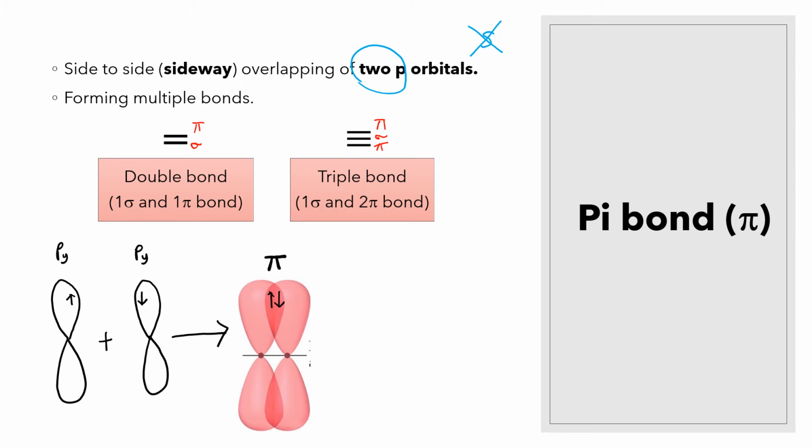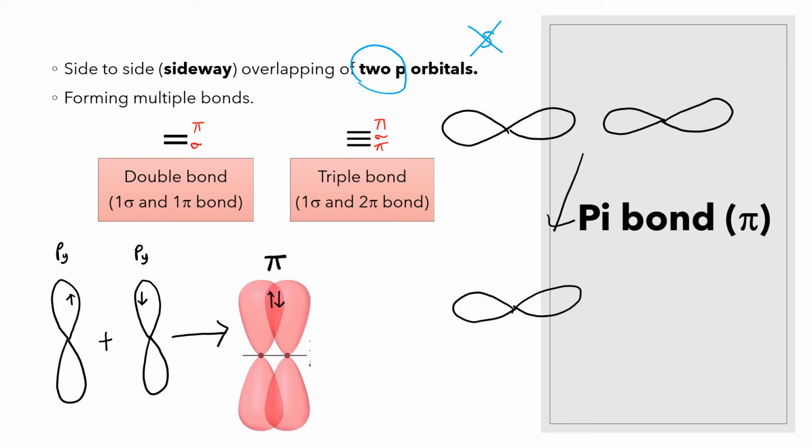Okay, this is different dengan pembentukan of the sigma bonding di antara dua p orbitals. Apabila dua p orbitals bertemu secara end to end, maka apa yang kita akan dapat adalah end-to-end overlapping yang akan menghasilkan sigma bonding.